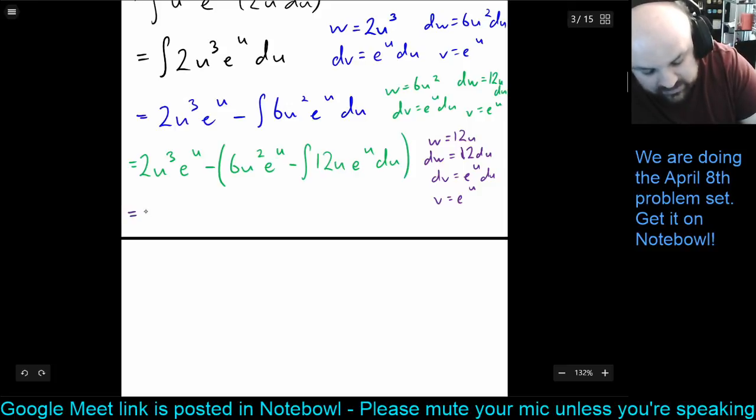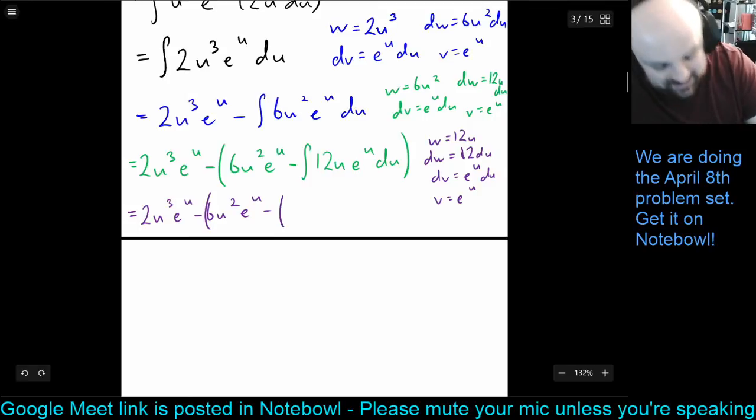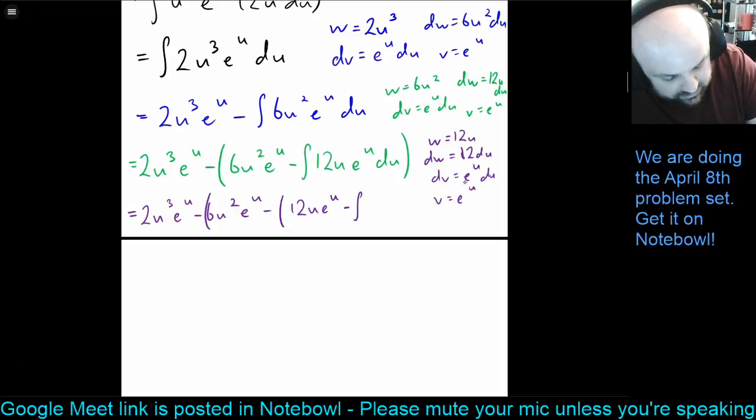And we get 2u cubed e to the u minus parentheses 6u squared e to the u minus, and then another parentheses, 12u e to the u minus the integral of v dw, 12e to the u du.